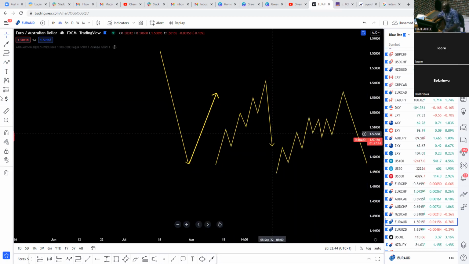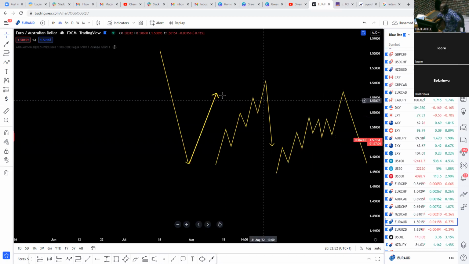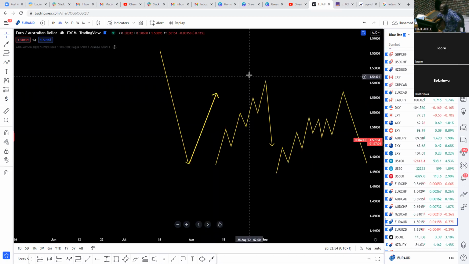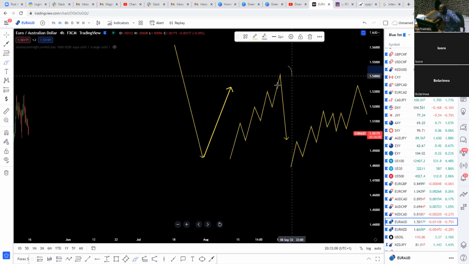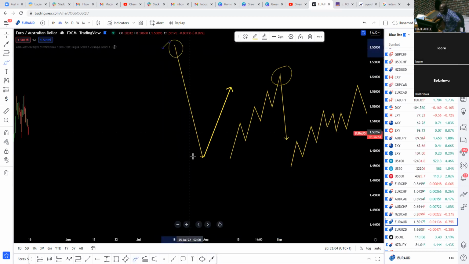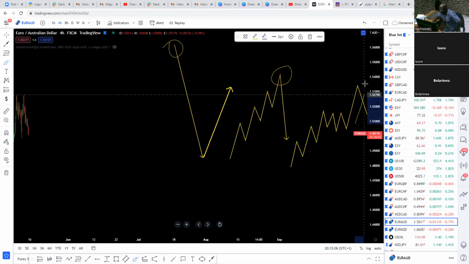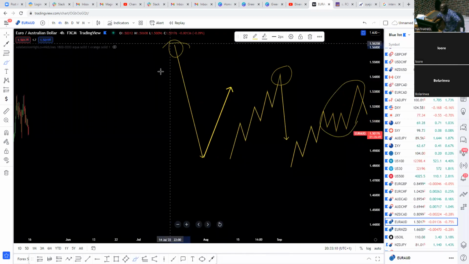Why do I say so? Because there are situations where this market will not need to grab liquidity as you will expect, because liquidity has already been grabbed when this move was coming to the downside. This pattern you see here has already occurred here.